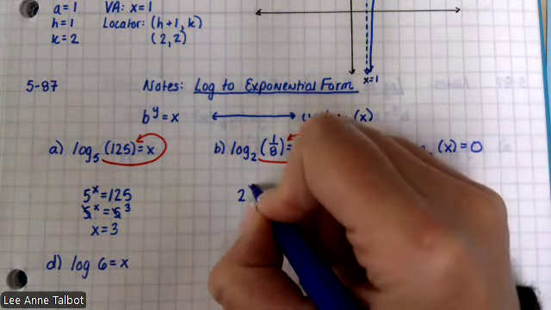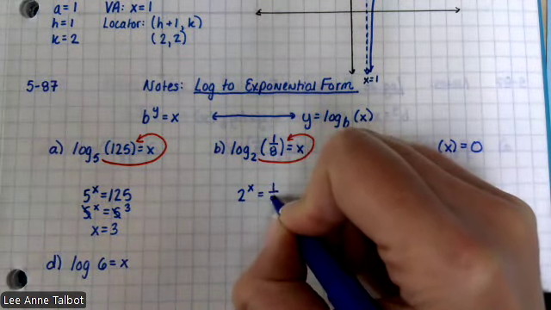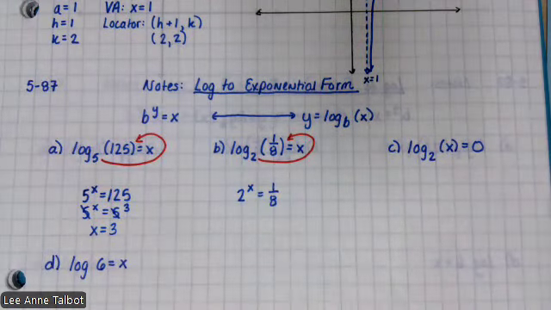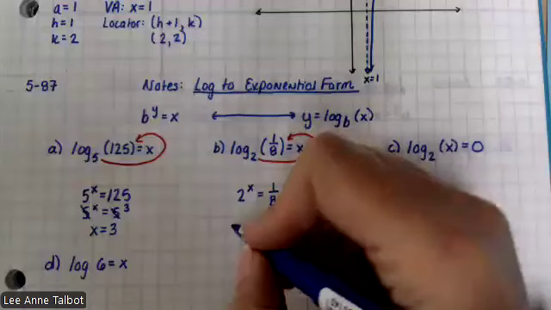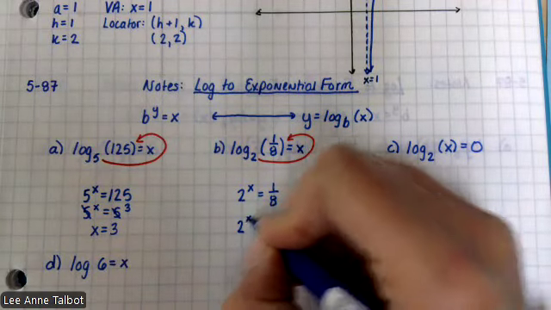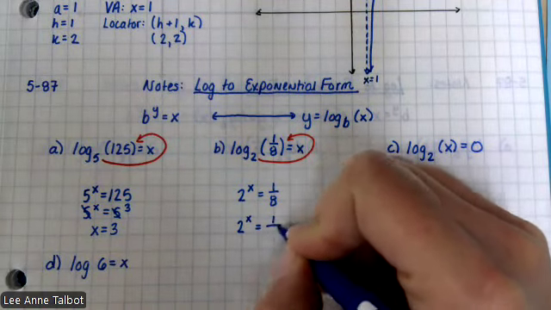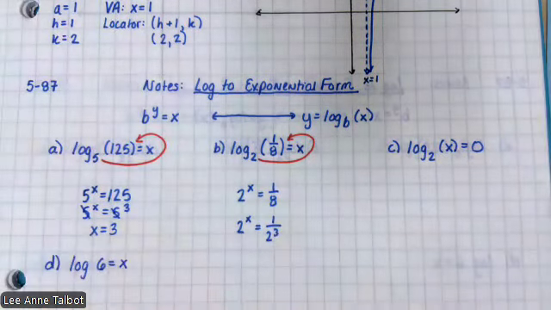2 to the x equals 1/8. Okay, now I'm going to do this problem in 2 steps because it's confusing. What I'm going to do first is make 2 to the x equals 1 over 2 to the third.